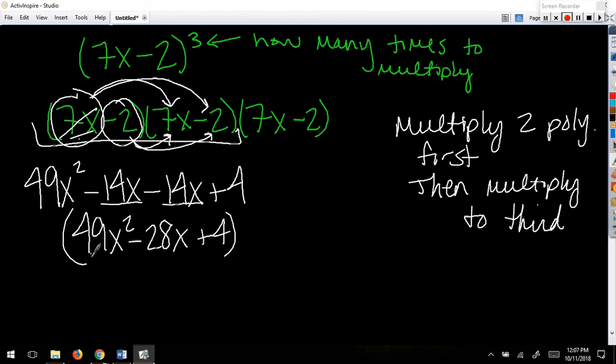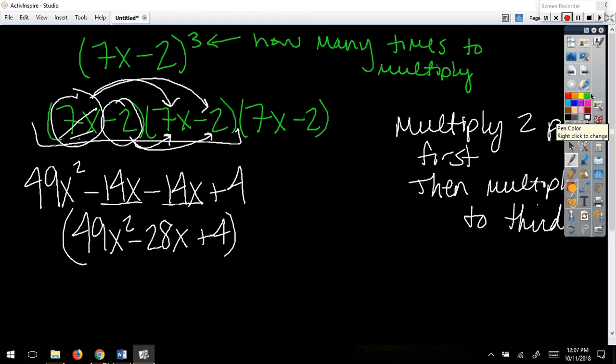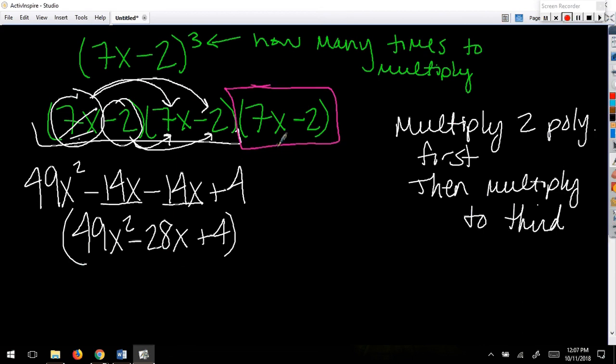But I'm not done because remember I left that third piece up top. So what I need to do is go and bring that down and multiply it to that as well. Okay, so now I get 49x squared times 7x.